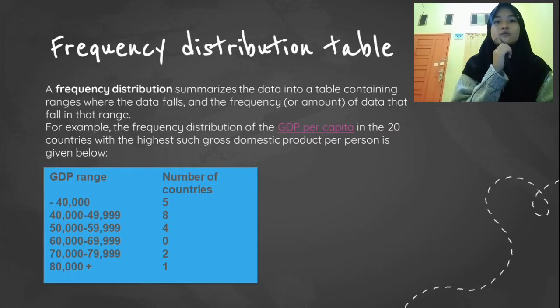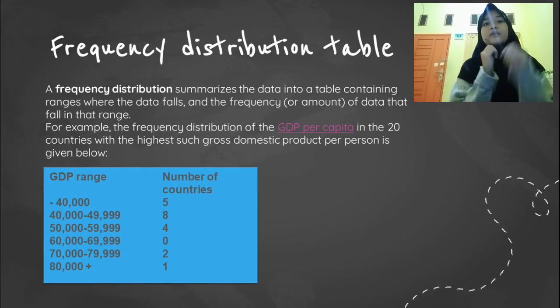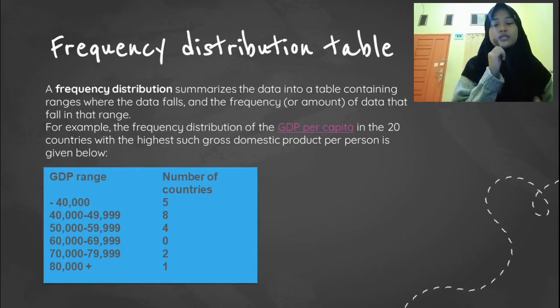So the first one is the frequency distribution table. A frequency distribution table summarizes the data into a table containing the range where the data falls, and the frequency, or the amount of data that falls in that range. For example, the frequency of the GDP per capita in the 20 countries with the highest gross domestic product per person is given below.